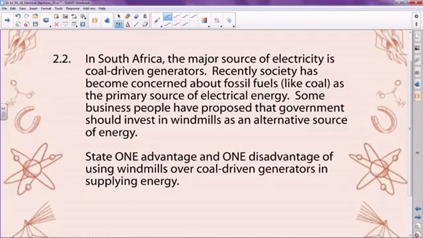Recently, society has become concerned about fossil fuels, like coal, as the primary source of electrical energy. Some business people have proposed that government should invest in windmills as an alternative source of energy. State one advantage and one disadvantage of using windmills over coal-driven generators.